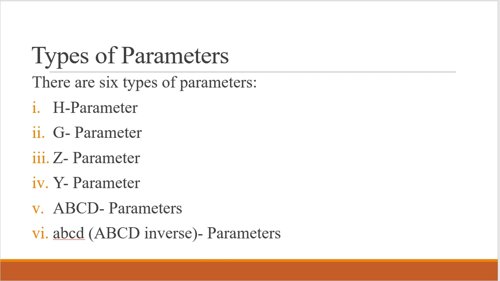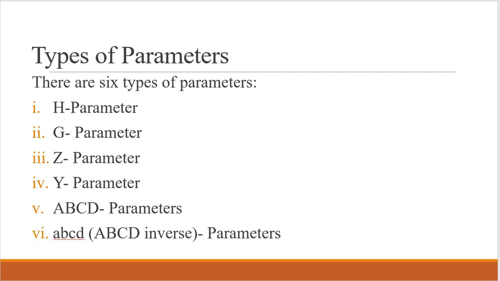Now coming to the types of parameters, we have 6 types of parameters. First of all, we have the hybrid parameter, also known as the H parameter. The inverse of the H parameter is the G parameter, right? After it, the impedance parameter, and the reciprocal of the impedance parameter is the admittance parameter, right?